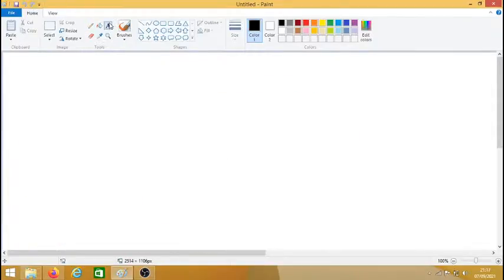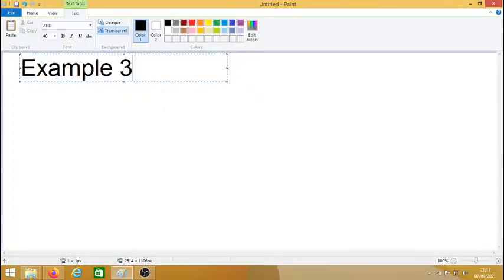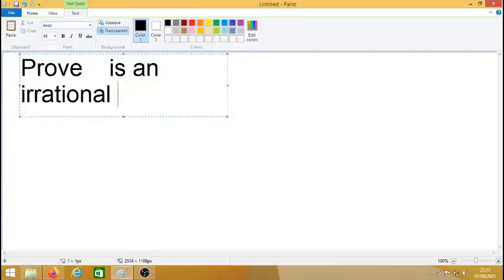Okay, let's go on to something slightly harder, which is talking about irrational numbers, and we want to prove that root 2 is an irrational number. Again, we want to use a contradiction.